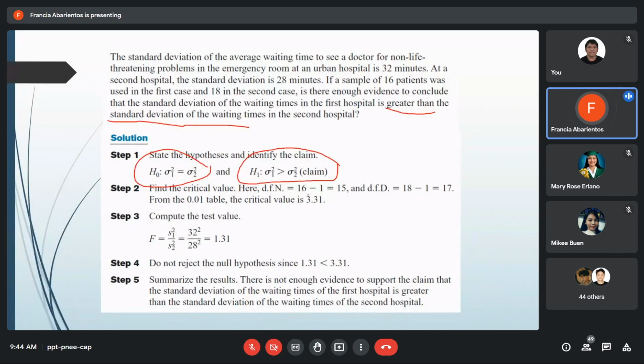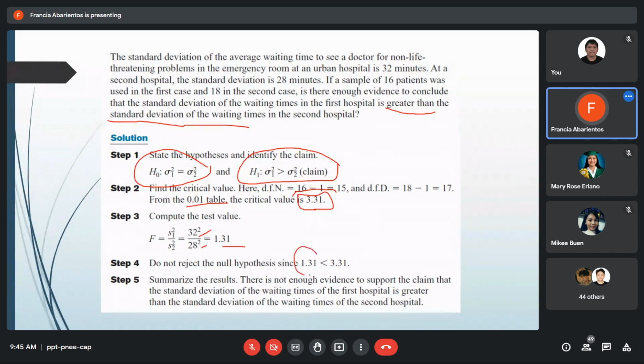Okay? So, go to the table again. 16 minus 1 is 15. The denominator, 18 minus 1, is 17. Our alpha is 0.01. So, the critical value is 3.31. We compute that: 32 divided by 28 squared, we have 1.31.